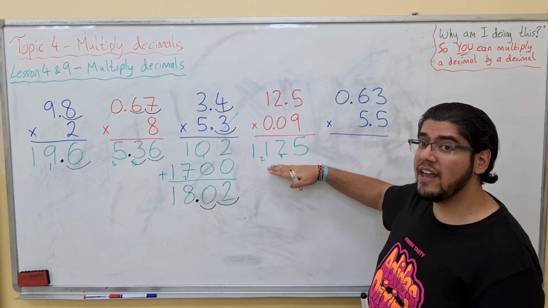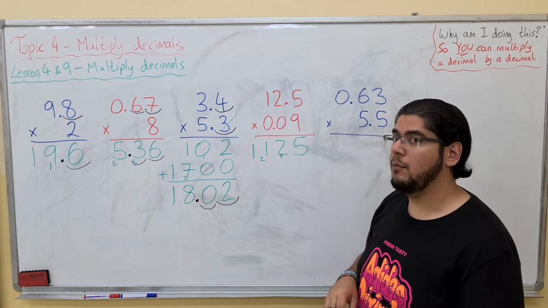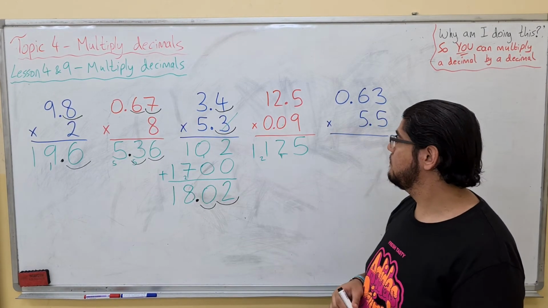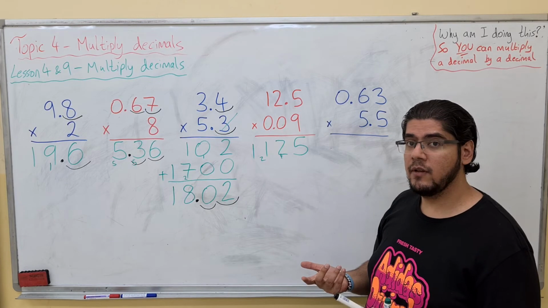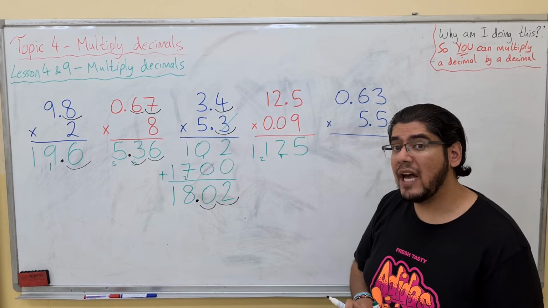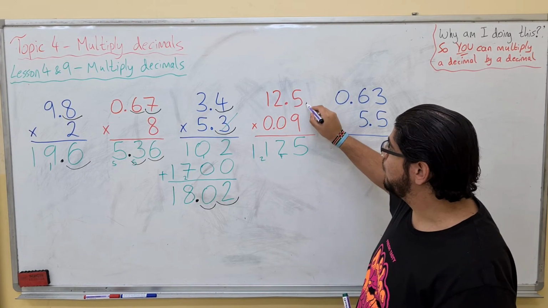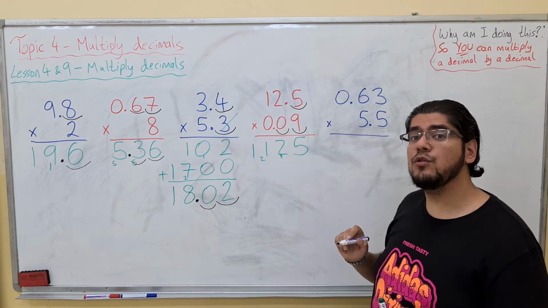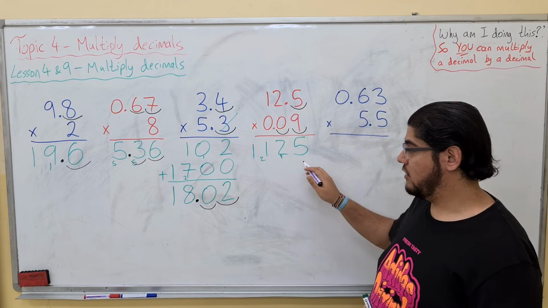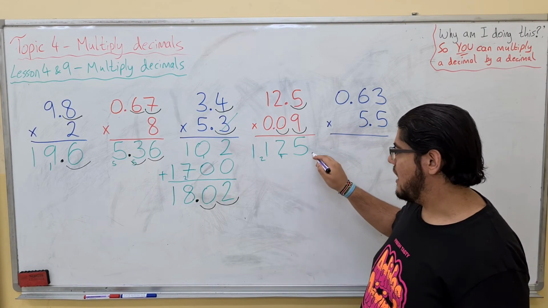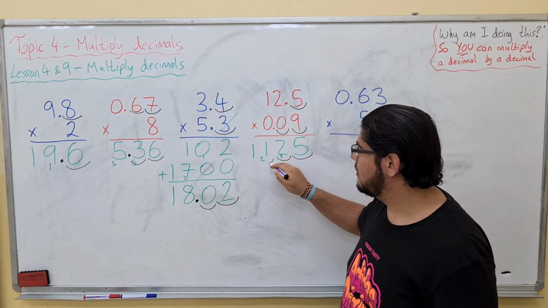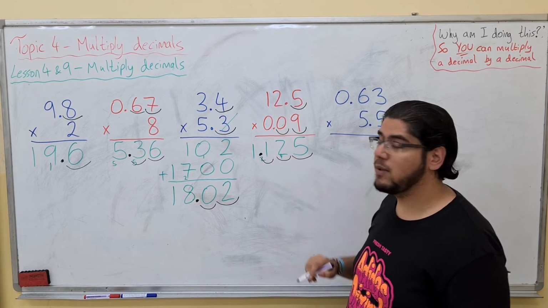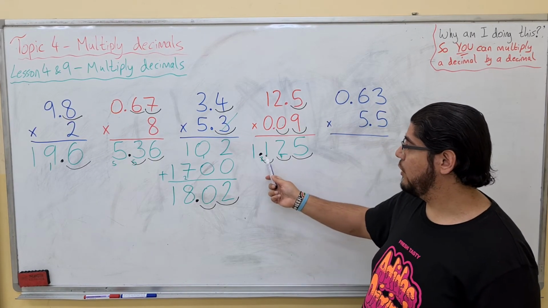So we can finish right there. But we need to include the decimal point. Okay? So, how many decimal places do we have in total? 1, 2, 3. A total of 3 decimal places. So in our final answer, count 1, 2, 3. And put your decimal place right there. So the answer is 1.125.